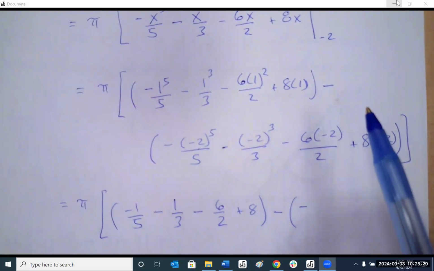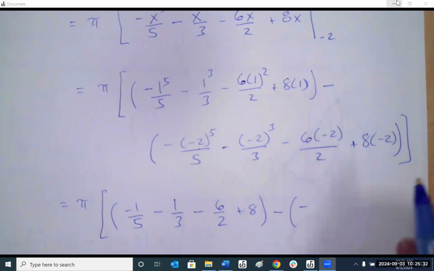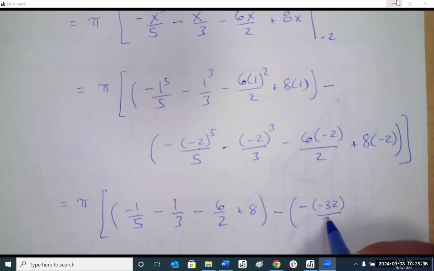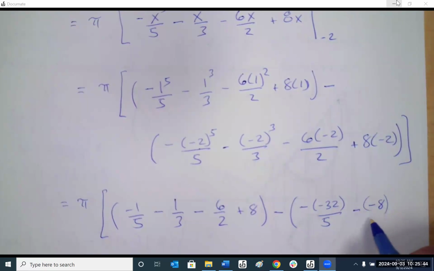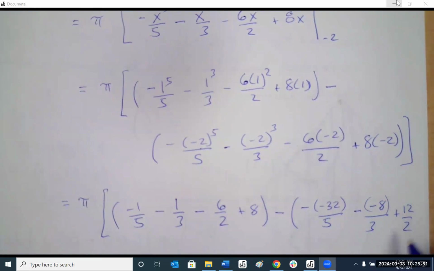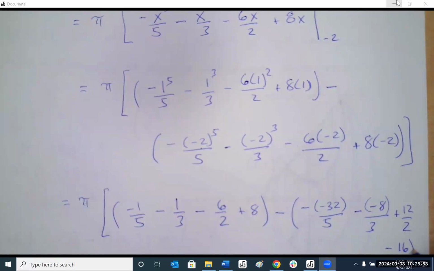Negative 2 to the 5th, 2, 4, 8, is negative 32 over 5. Negative 2 cubed is negative 8. Negative and negative makes it a positive 12 over 2 minus 16.